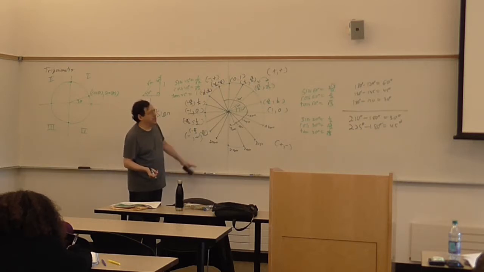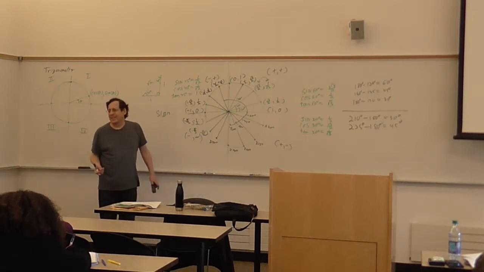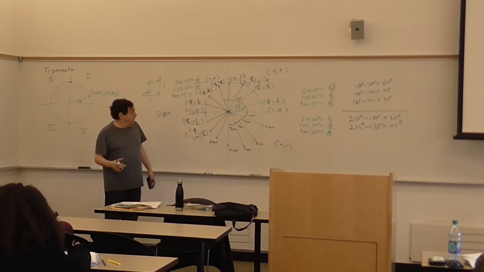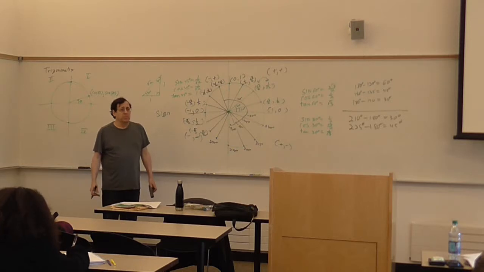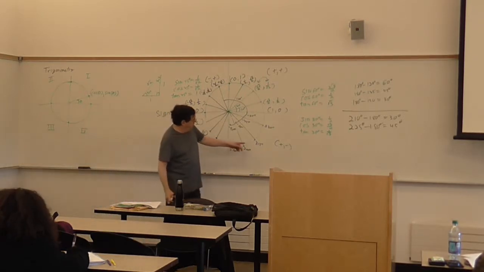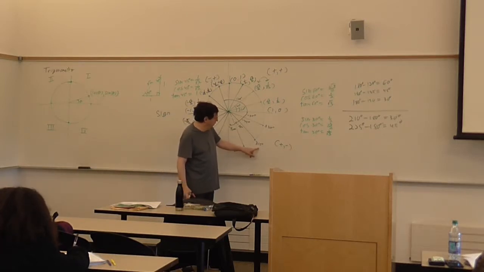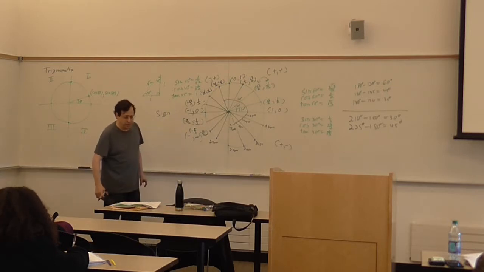Okay, you want to take a picture, take it now. You need to know all this, right? It's real basic. If you get a problem and the problem says, well, what's the cosine of 315? You have to have some idea how to construct that, how to get to that.